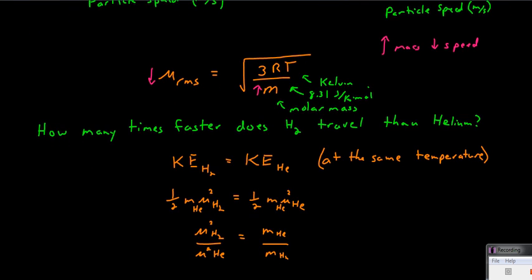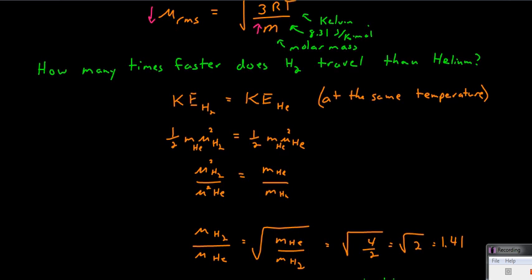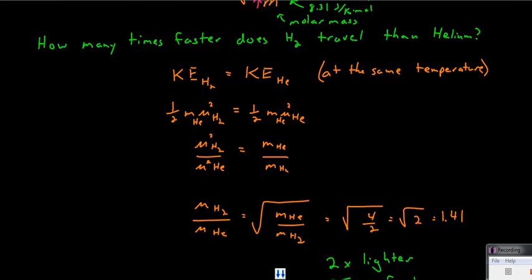All right, so considering that, how many times faster does hydrogen travel than helium? You could use this equation and find the root mean square speed for both elements using the molar mass. However, I'd like to set up a more useful equation, which I'll use far more often. You see that at the same temperature, these two gases have the same average kinetic energy for their particles.